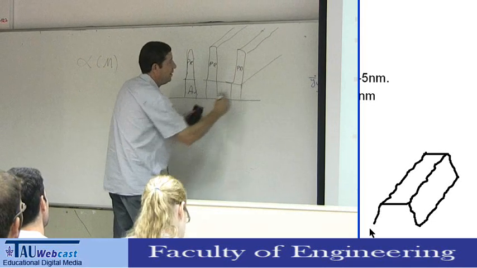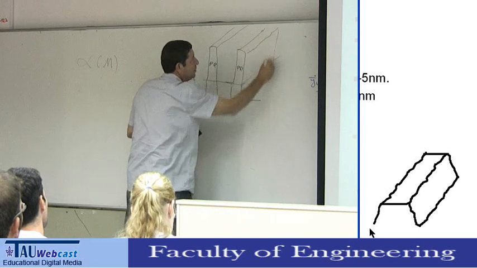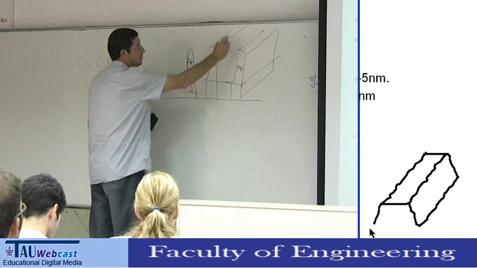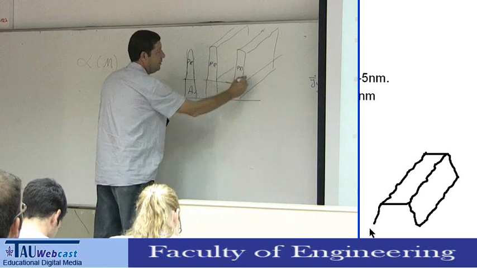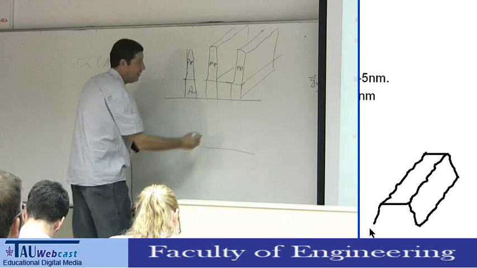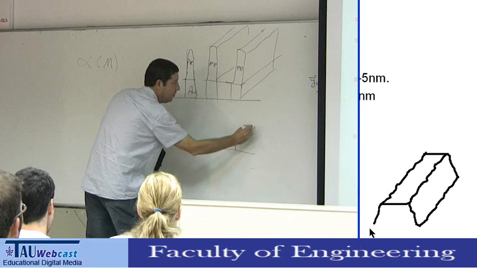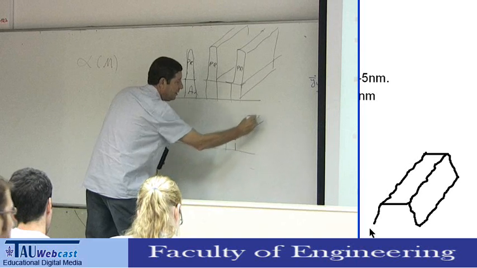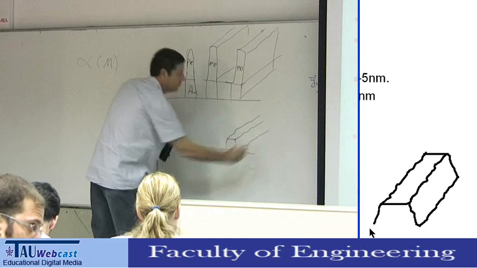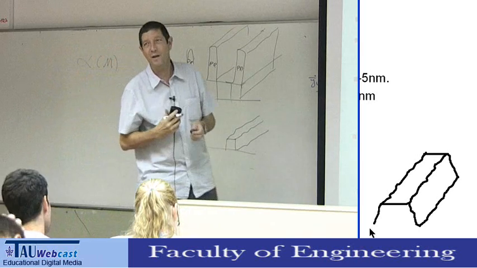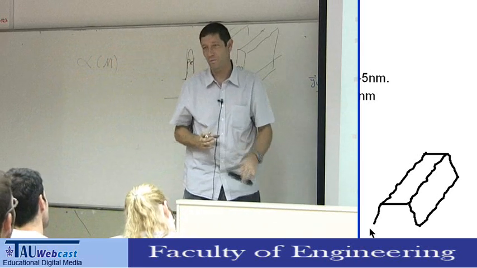So I define here an aluminum line. At the end of the process I will have aluminum lines, but the aluminum lines can be a little bit rough on the sides. People found out that this roughness affects the reliability of the metallization.